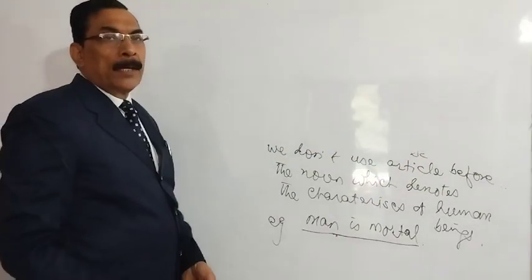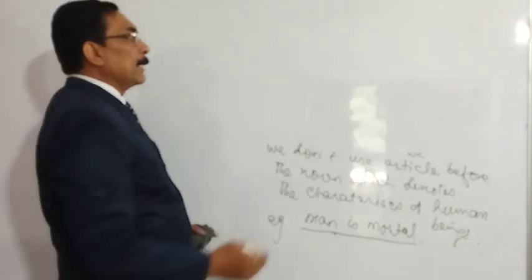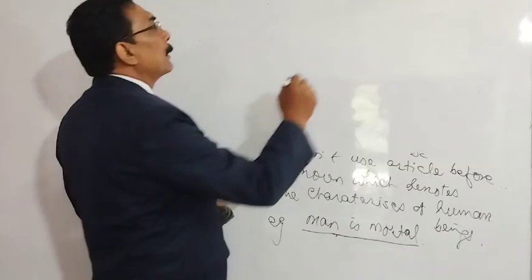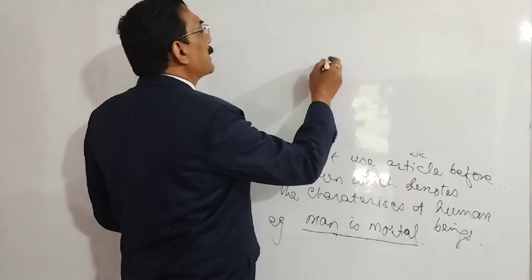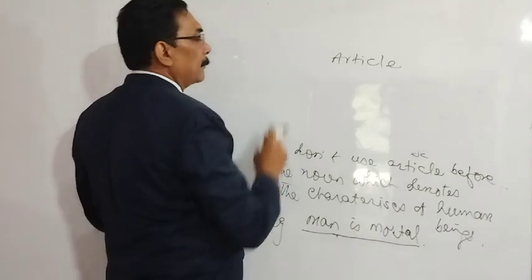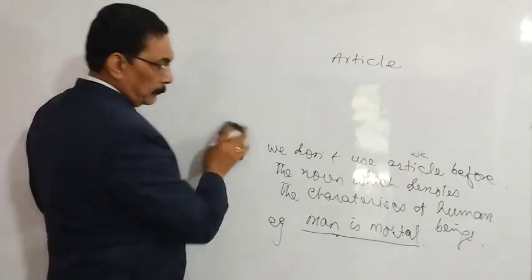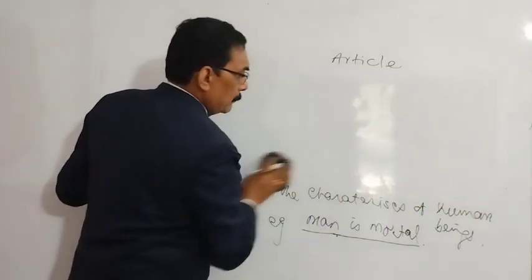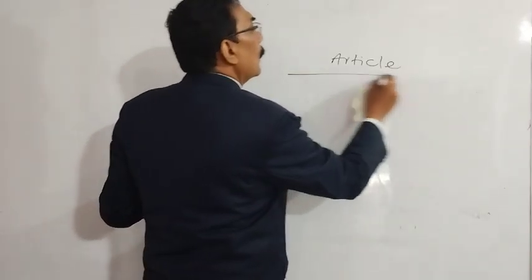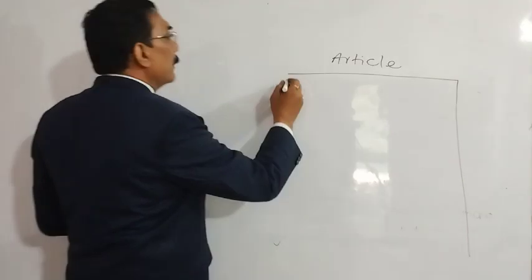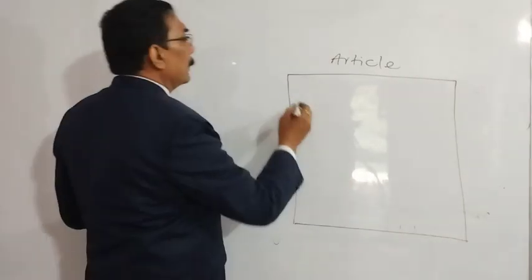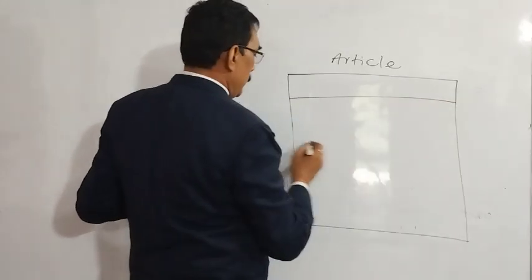And now, to make articles, no article and determiners clear, I want to give you a box in which the whole topic can be studied easily, within a few minutes.